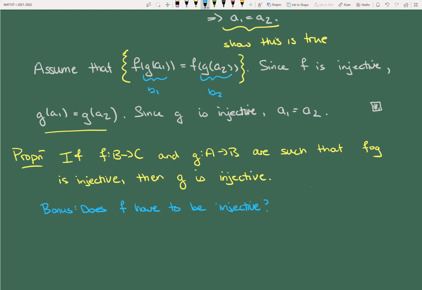We don't know anything about the functions individually, but we're assuming that when we combine them, the answer is injective. So I want you to show that the inside function had to have been injective. If their composition is injective, then the inside function is also injective. And as a bonus, does the outside function have to be injective?